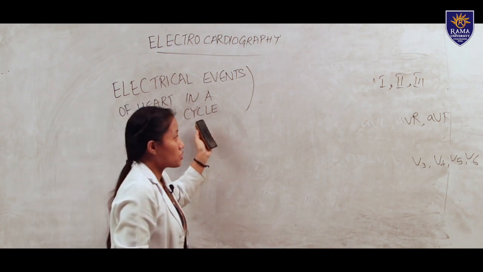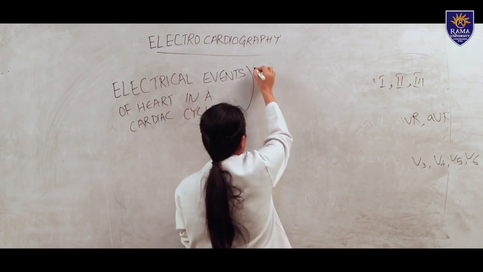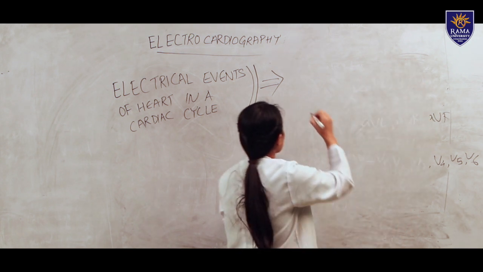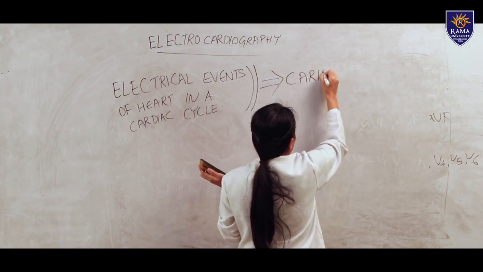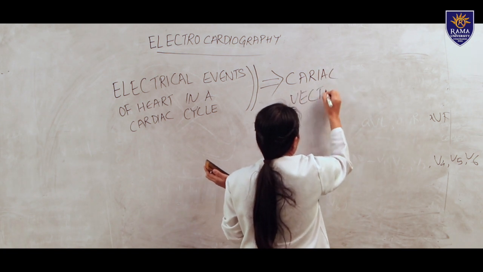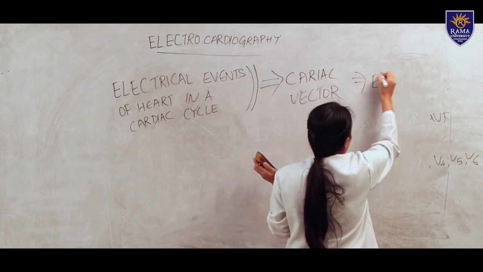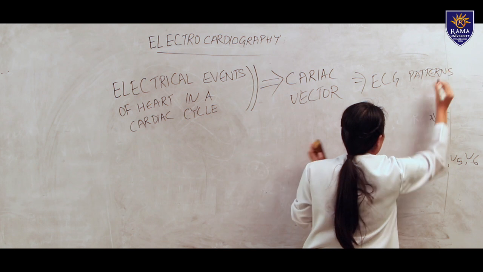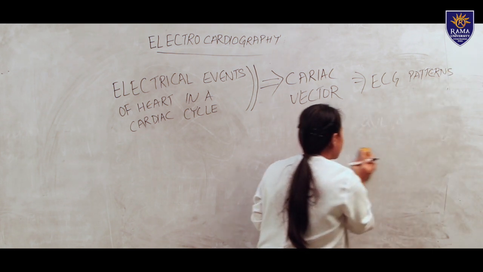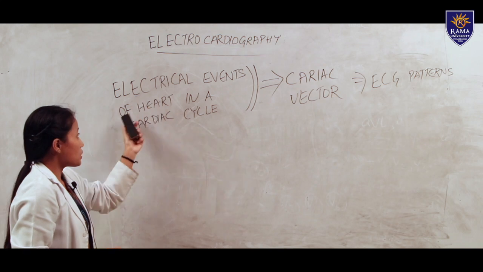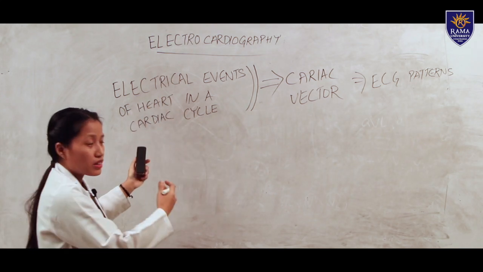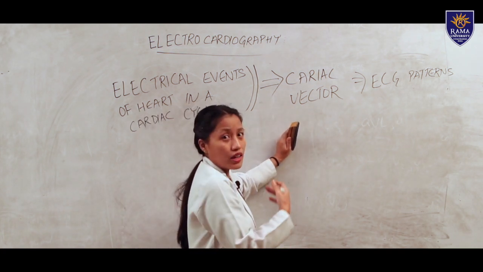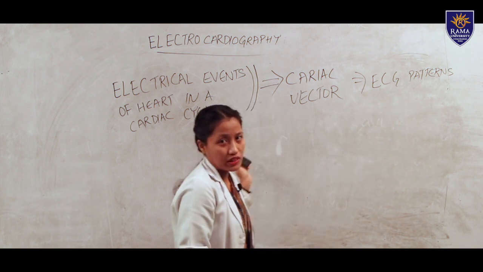How are these electrical activities related to the vectors? The cardiac cycle produces a vector, which is called the cardiac vector, and we will see in detail how that cardiac vector is converted into the ECG patterns.